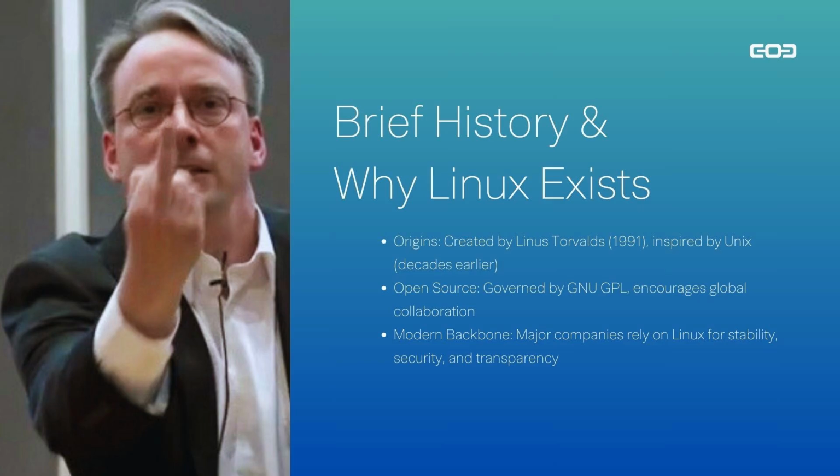The goal was to create a free, open-source operating system kernel governed by the GNU General Public License (GPL). This licensing model is crucial. It allows software to be openly shared and modified by anyone, which sparked collaborative development across the globe. Today, major companies, including those running massive data pipelines, often rely on Linux for its stability, security, and transparency.